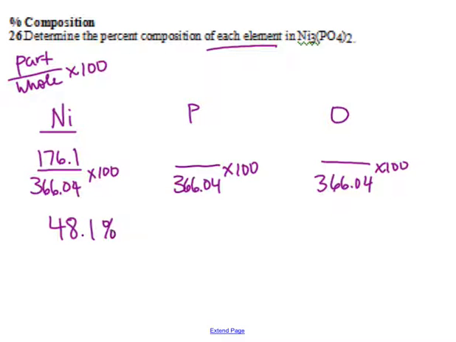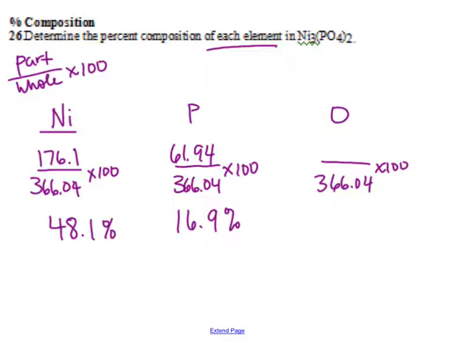All right, phosphorus. How many phosphoruses are in this? 2, so it's 61 point what? 0.94 divided by the original 366.04 times 100. What do we get? 16.9%. All right, in oxygens, we have how many of them? 8.